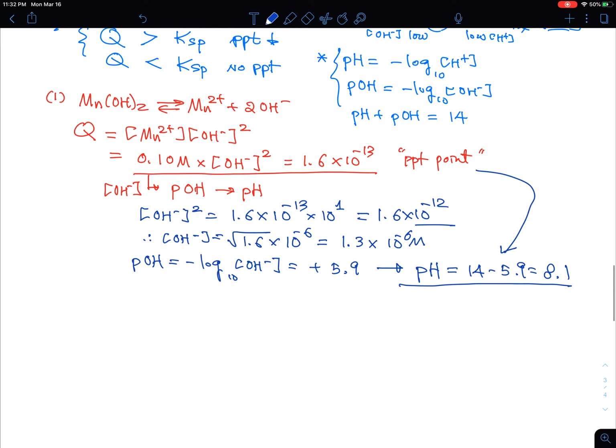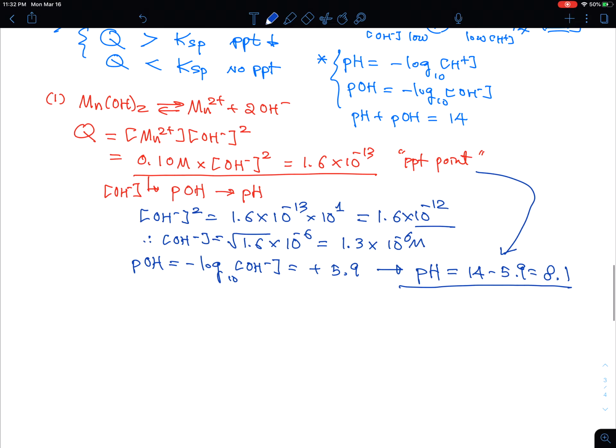I want to explain this situation in a more graphical manner. Let me draw the pH axis here, and we know pH 8.1 is the precipitation point. On one side the OH- concentration is high, and on the other side it is low.